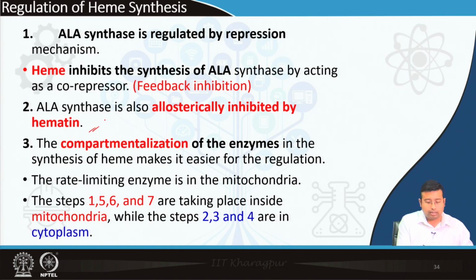The rate limiting enzyme is present in the mitochondria, and 1, 5, 6, 7 take place in the mitochondria, and 2, 3, 4 take place inside the cytoplasm. Because all of the enzymes are not present together, depending on the required amount of heme synthesis, the enzymes can be increased or decreased in the various fractions of the cell, and the synthesis can be regulated.